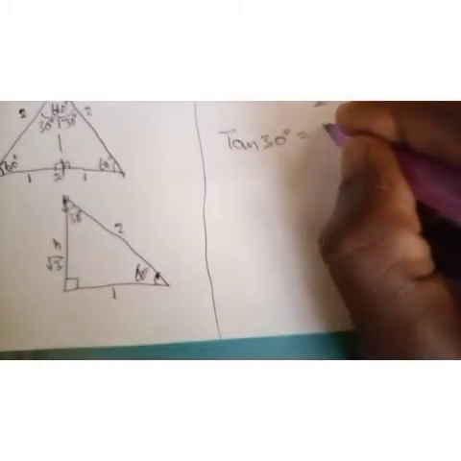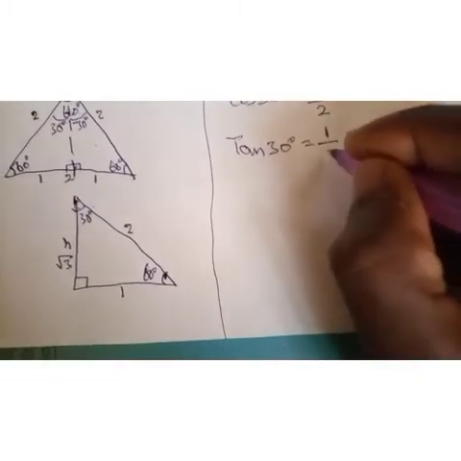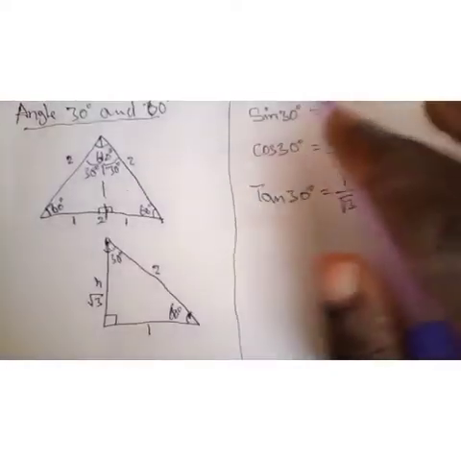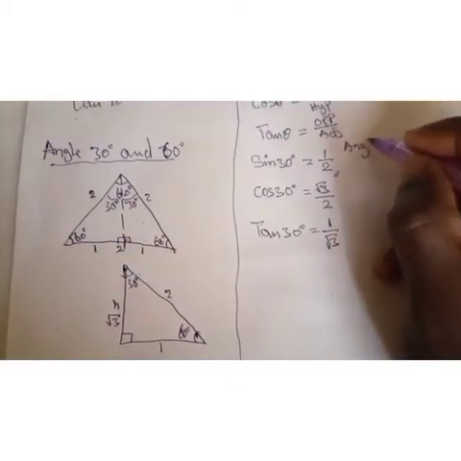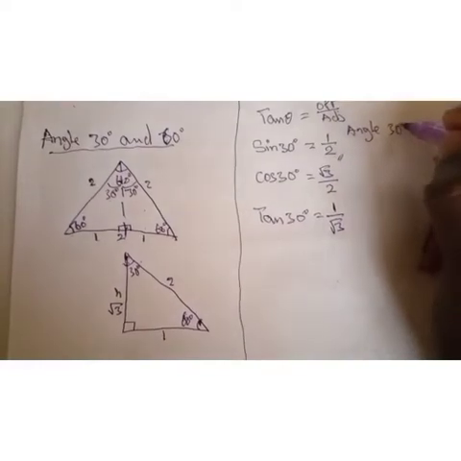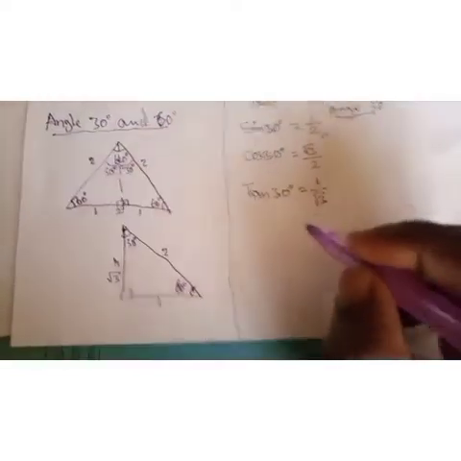So here it will be 1 over root 3. Okay, this is for angle 30 degree. Okay, let's move to angle 60 degree.